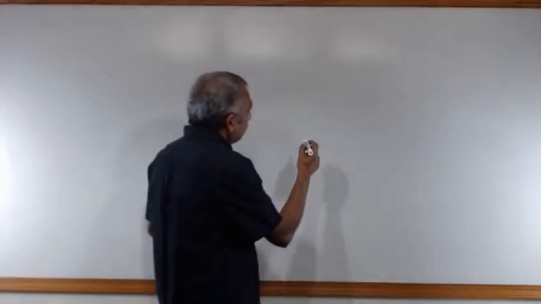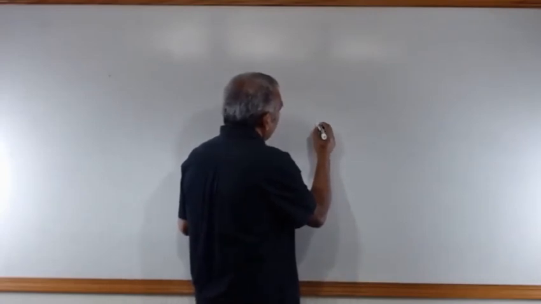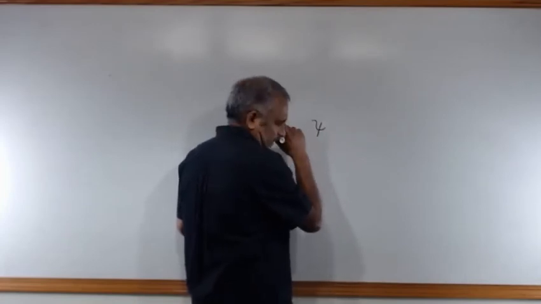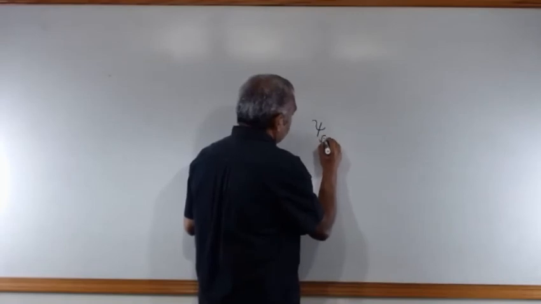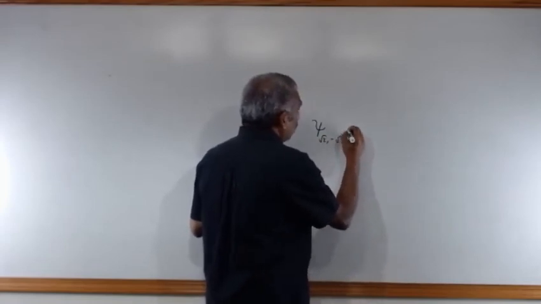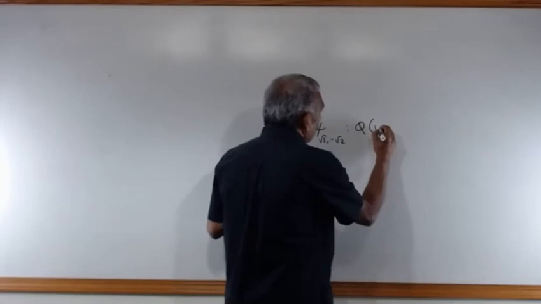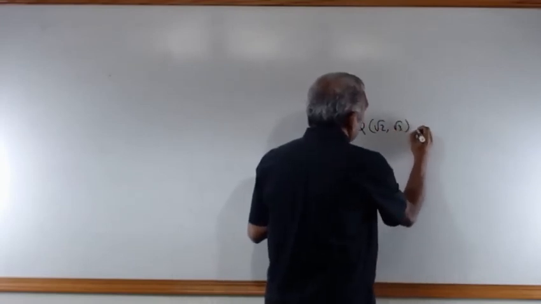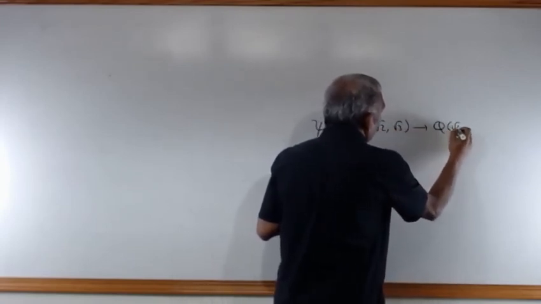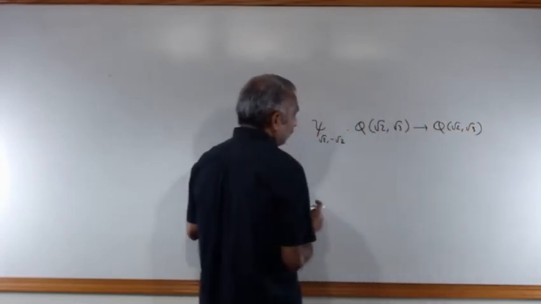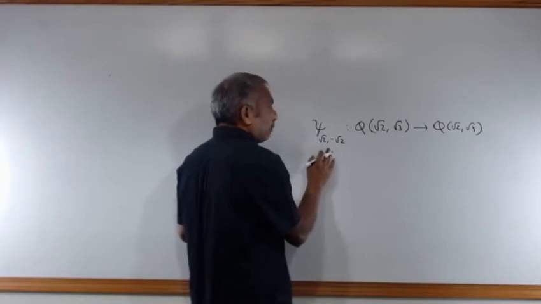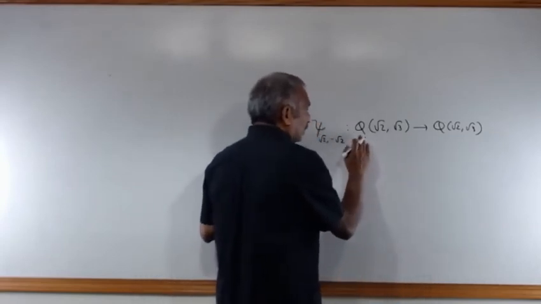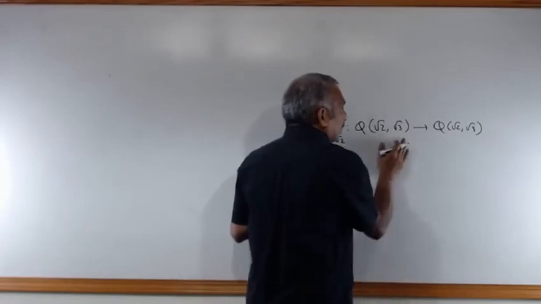In our last example, we took the conjugate isomorphism root 2 comma minus root 2 from Q of root 2 comma root 3 to Q of root 2 comma root 3. We took it as a conjugate isomorphism, but it is actually an automorphism because the domain and the range are the same.